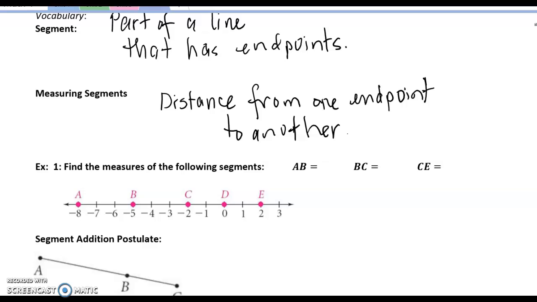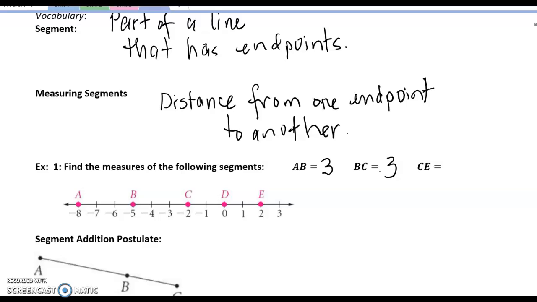And since each of those segments is 1 unit long, that means the total distance from A to B is 3. You can say the same thing about B to C. From B to C, we see that it is made up of 3 smaller segments, each of them measuring 1 unit long. So the length from B to C is also 3.